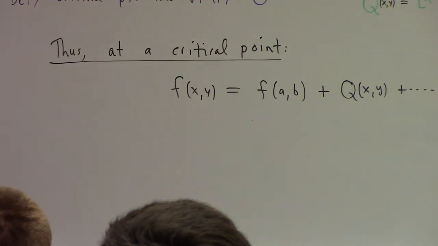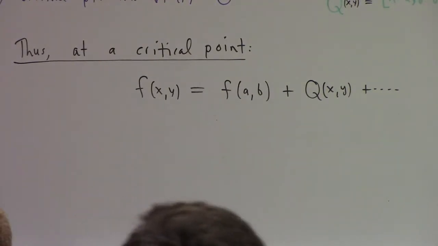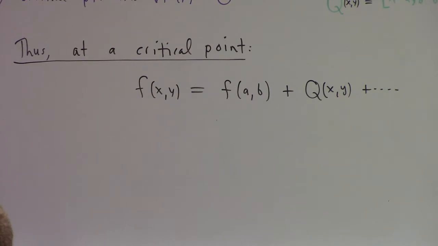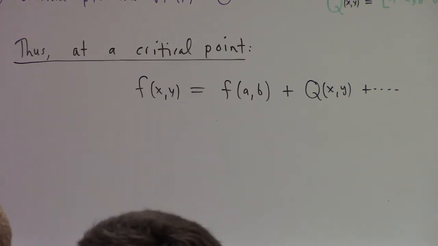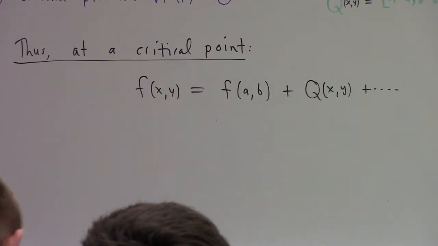Now, if you're close to the critical point, the stuff in the plus dot dot dot depends on cubes or fourth powers or fifth powers or even higher powers of x minus a and y minus b. So what happens to x minus a and y minus b if you're really close to the point?